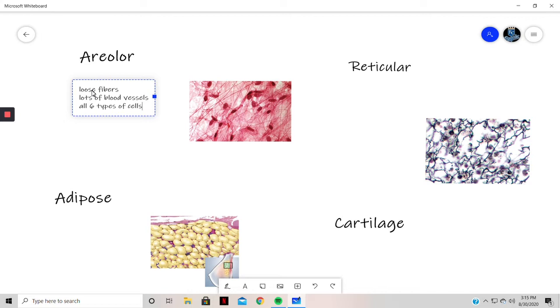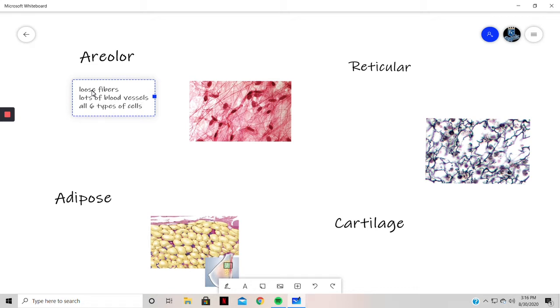So what I'm trying to say is that it's going to have simple squamous, stratified squamous, simple cuboidal, stratified cuboidal, simple columnar, stratified columnar. So that's what we mean by all 6 types.